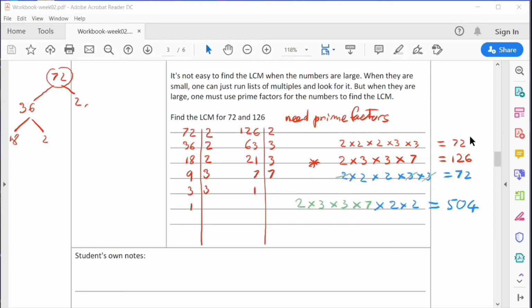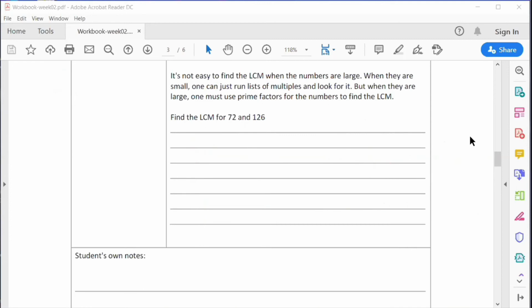If you check many of the videos and books, you will find they do the factor tree, and I don't like that. It's too slow. The better way is just do a column and divide. It's quicker that way. So that is a pretty good one.